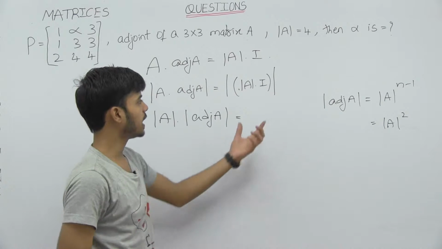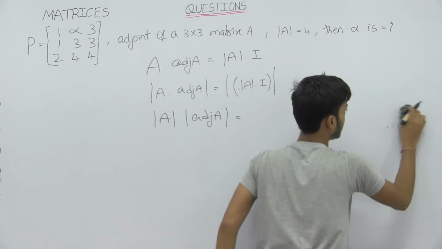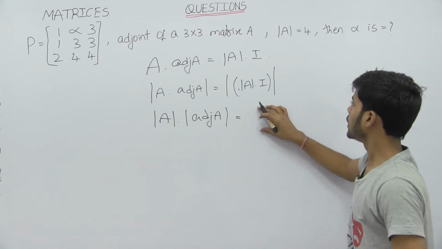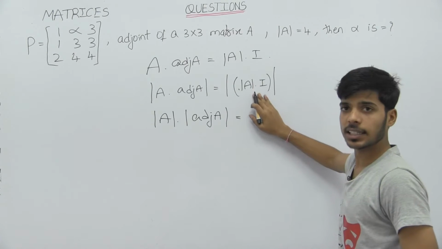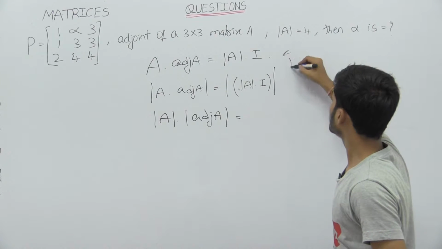Now coming over to the right hand side, this becomes a little tricky, but let me explain it. Consider matrix A to be a 3 by 3 matrix.